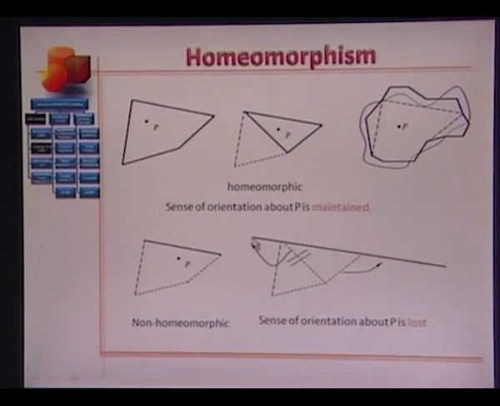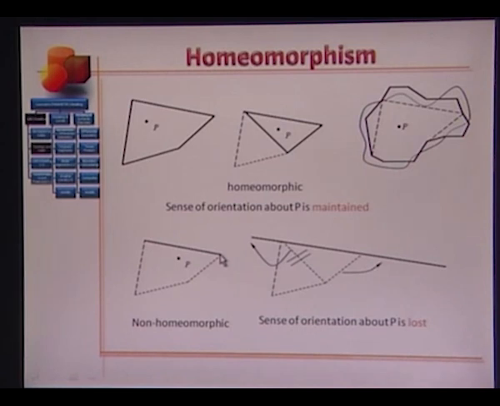Now, if you start from a point here and traverse the line and come back, let's say you do the same in this figure here. You start from this point, traverse through the line, stop, and come back.